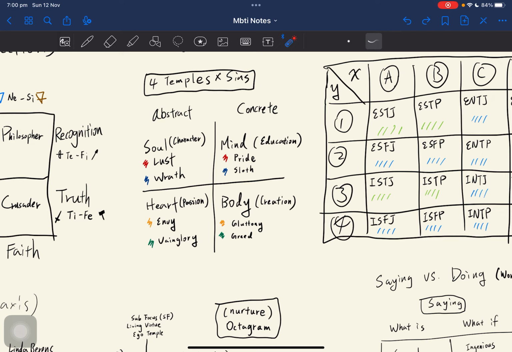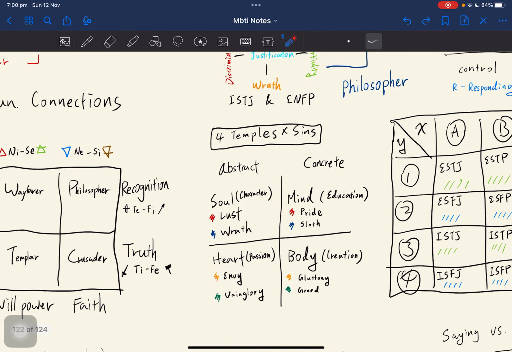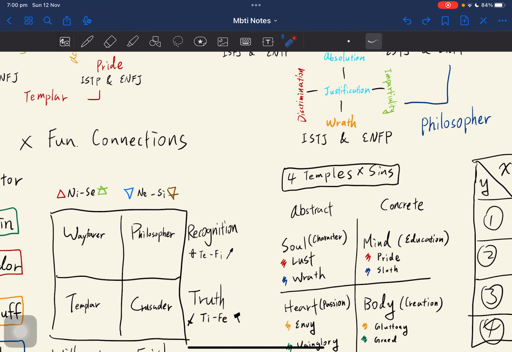Because it's hard to write it down, I use things to link to each one of the temples. So for example, if you are the soul temple origin, it means you are someone whose purpose, the temple is more caring about your original purpose the most, which is about the characters.